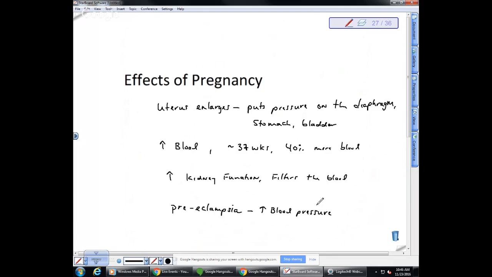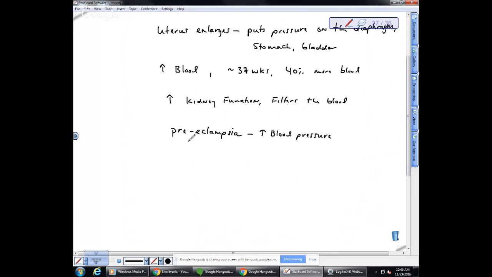Okay, so another thing that happens in the pregnant female is a possible problem with gestational diabetes. Gestational diabetes is not found in everybody, right? But it is caused by an increase in glucose levels in maternal circulation. I believe we talked about this when we were talking about other types of diabetes.